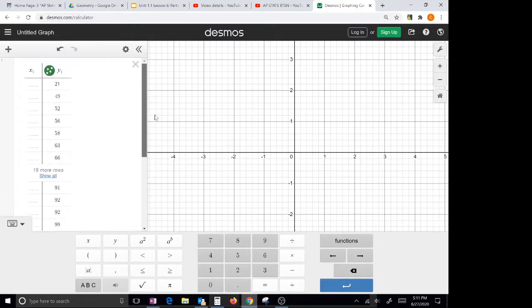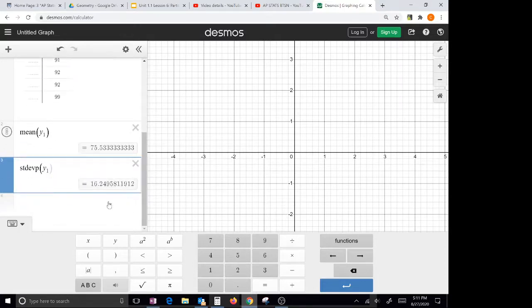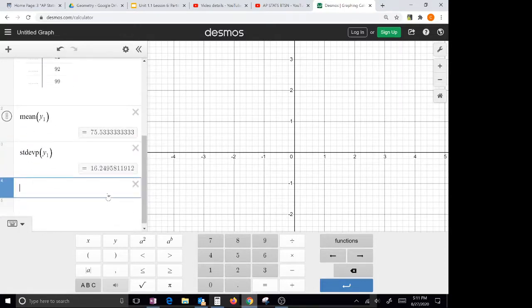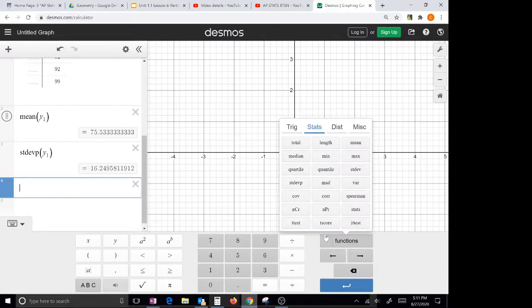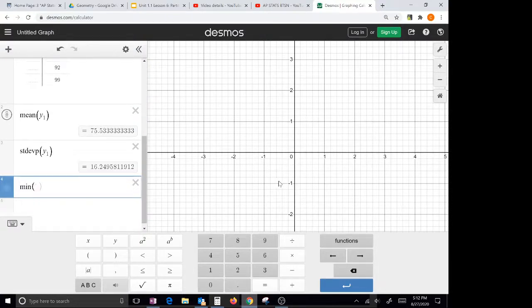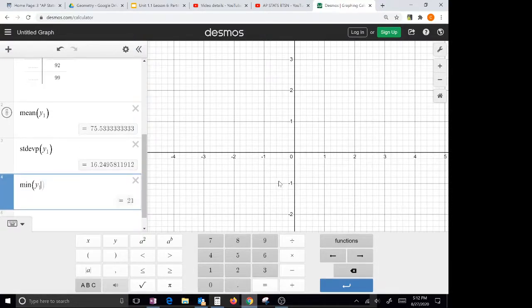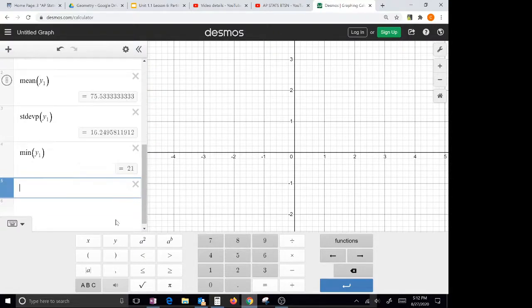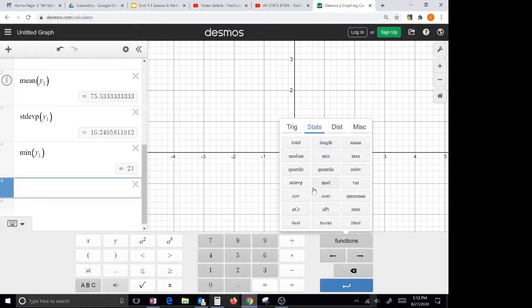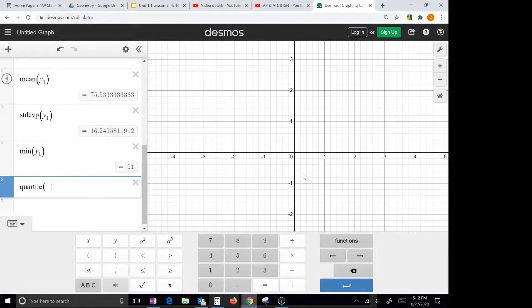We can also use Desmos to find our 5-number summary. So we go to function under stats and we go to minimum. There's our minimum. We can do the same thing for our first quartile.